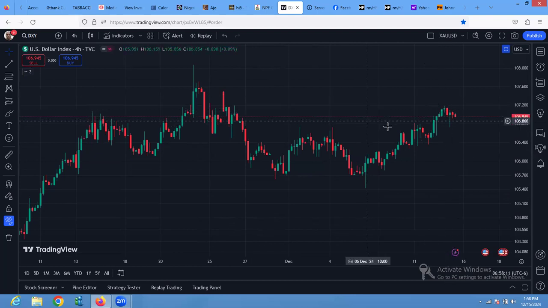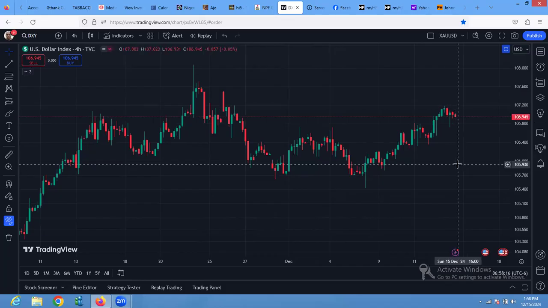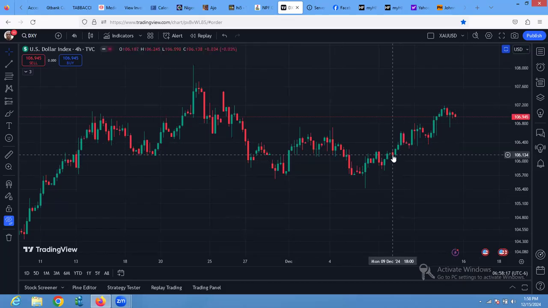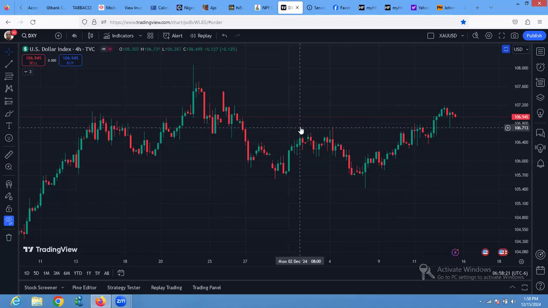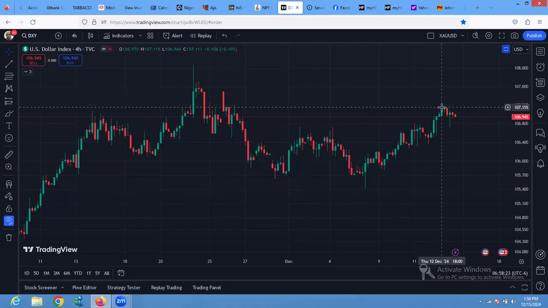Now, assuming it's the other way around, that we are doing an A, B, C to the upside for a further 4, we are taking a look into what this can be. If you look at this as an A and a B, and for this to fall, even if you are expecting a running flat, this has gone beyond what a running flat should give. A running flat is either going to give you like 618 or 100 extension.